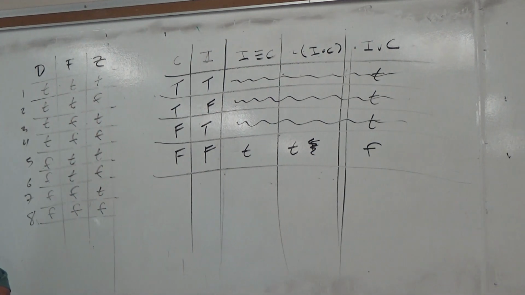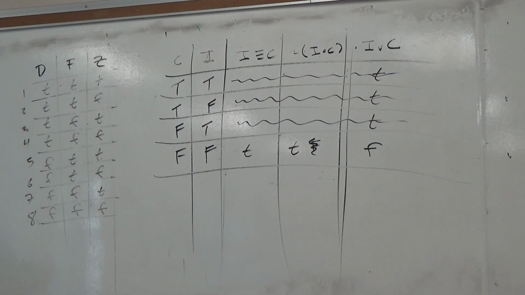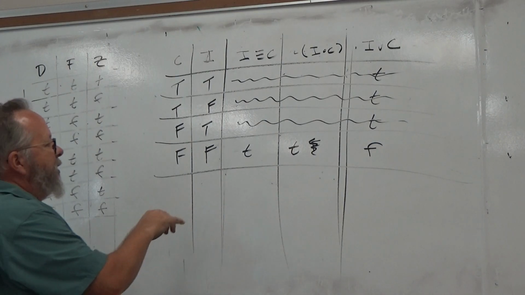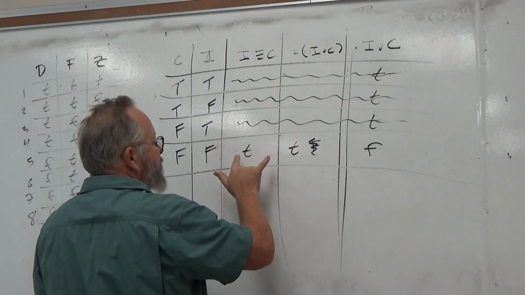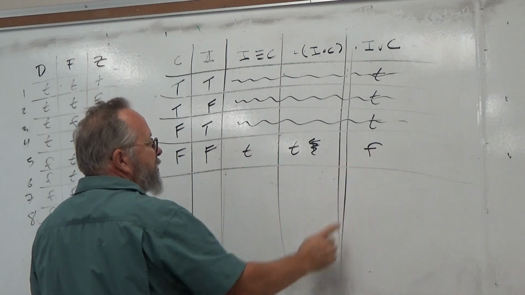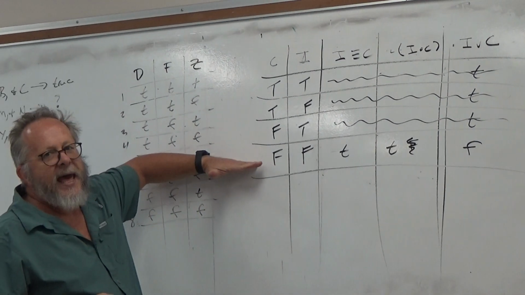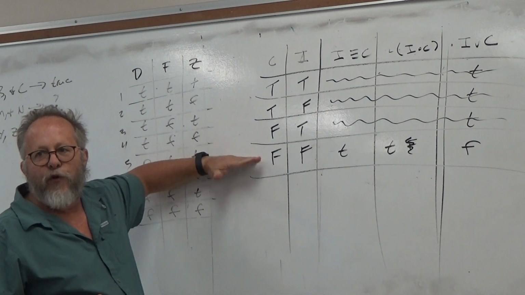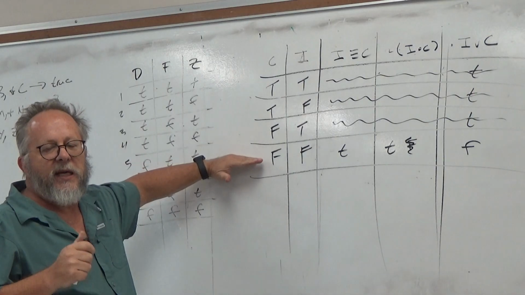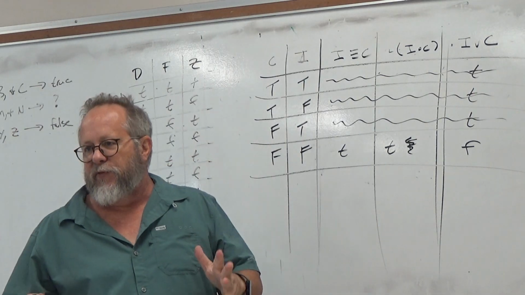So what did we just discover? Is the argument valid or invalid? Invalid, right. We found a case where the premises are true, this is true and this is true, and the conclusion is false. And when I say we found a case, that means there is an interpretation for which the premises are true and the conclusion is false.